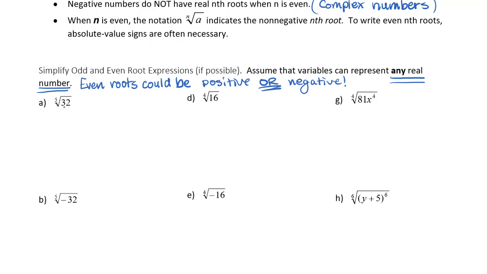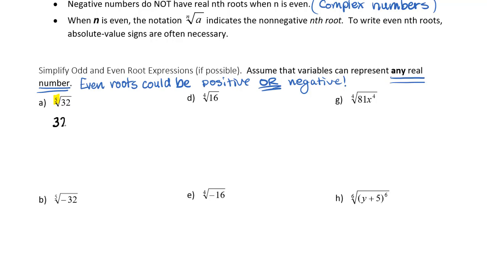If we look at the index on the first example, we have 5 as the index. So we would read this as the fifth root of 32. Since this is an odd index, 32 will have a positive output.